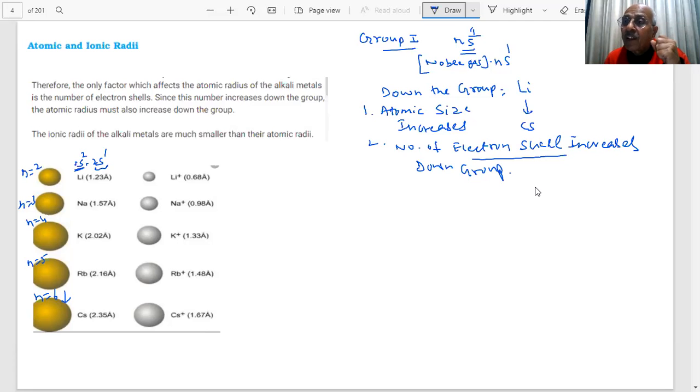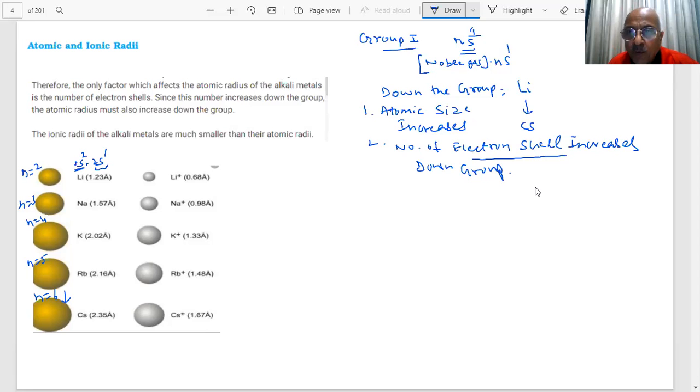So the outer electron is not strongly attracted by the nucleus. Hence, it goes away from the nucleus with the increase in number of shells. Also there are electron repulsions between the filled electrons, which try to push the outer electron away, while the nucleus tries to pull it. The result is an increase in size down the group.